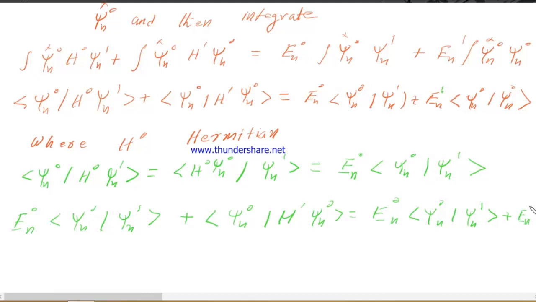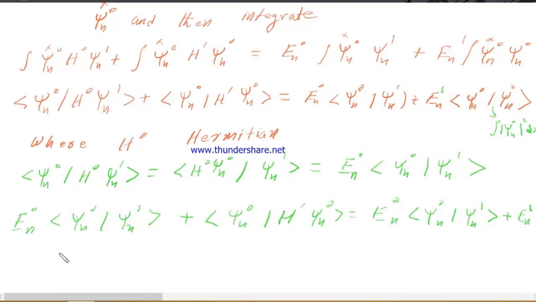Okay, this term is equal to 1 because of the normalization condition. This term can also be written as the integral of psi n0 star psi n0 dx. So you can write it in this way. So this is equal to 1.